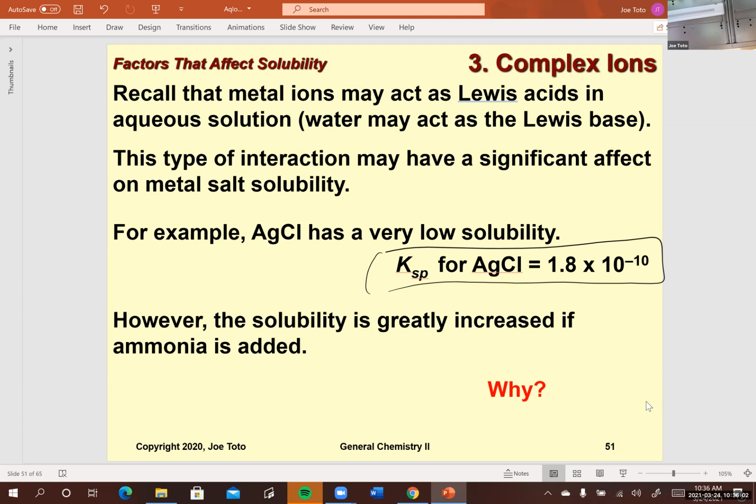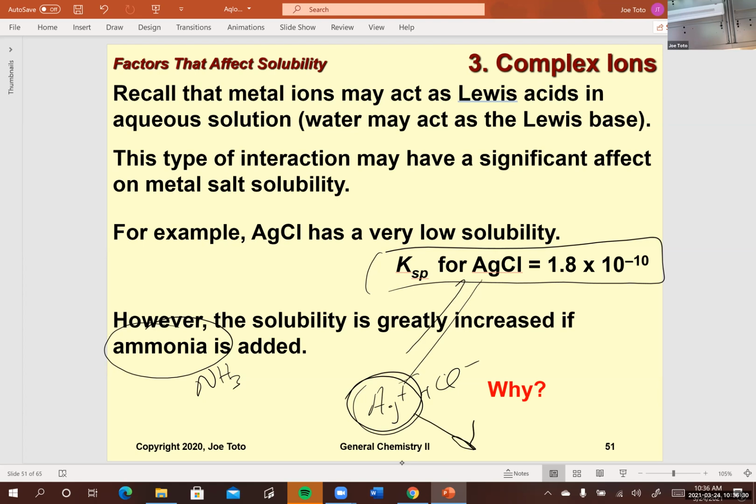If you add ammonia into this equilibrium of the solid with its ions, Ag plus and Cl minus, the solubility greatly increases. Why? Because you're forming a complex with one of the ions that are in equilibrium, essentially taking it out of the equilibrium. The stress is not enough silver. So according to Le Chatelier's principle, it shifts to the right and dissolves.